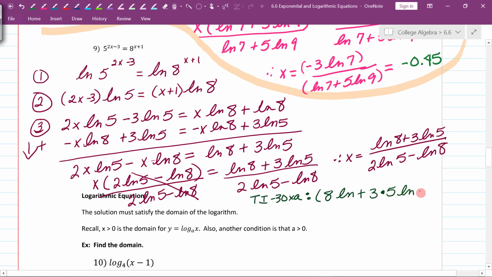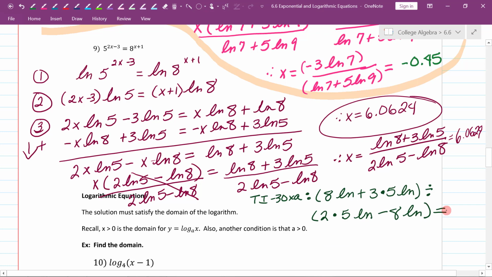Close parenthesis. Hit the divide button. Open parenthesis. 2 multiplied by 5 natural log, subtract 8 natural log, close parenthesis, equals.